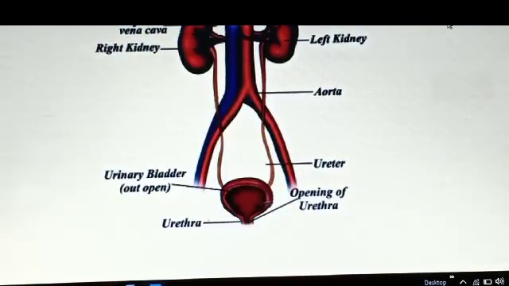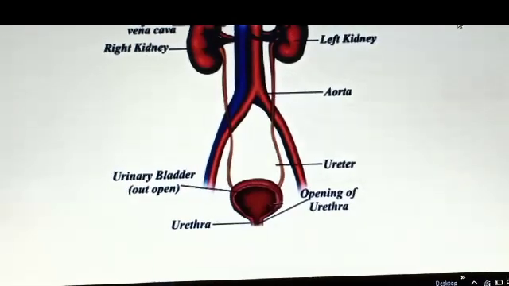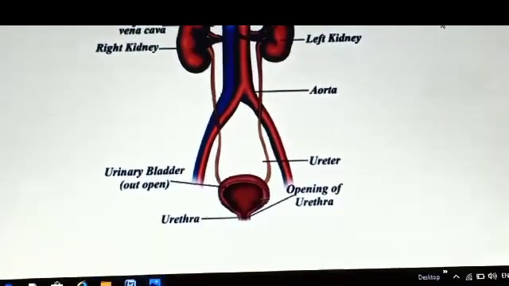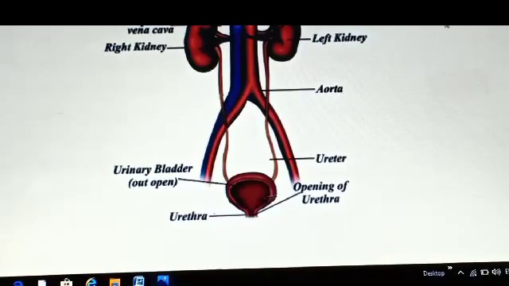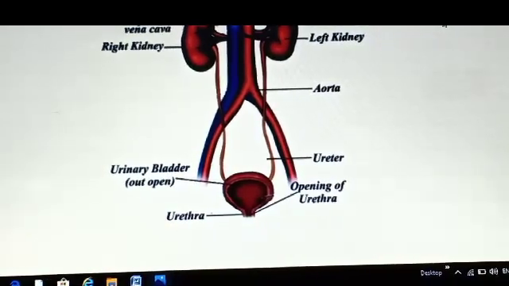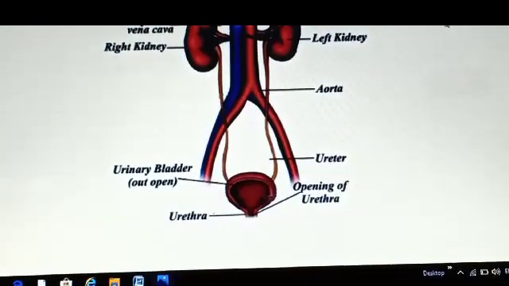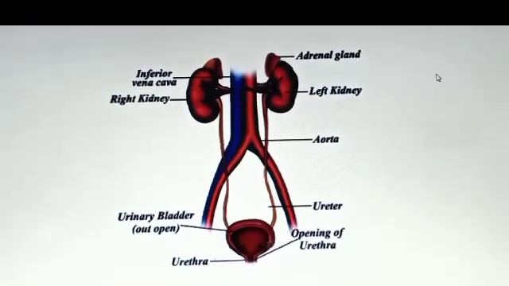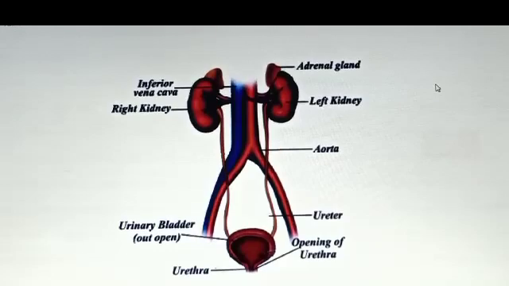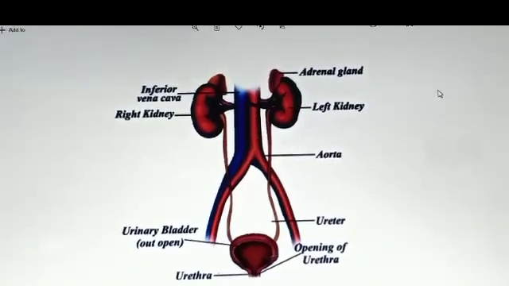As we already studied in the human heart, the function of the aorta is to carry the oxygenated blood, while this blue color is the inferior vena cava, which takes the deoxygenated blood.